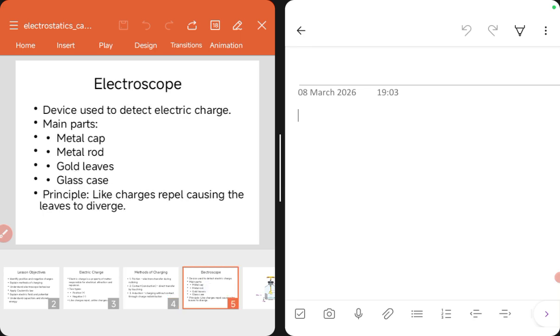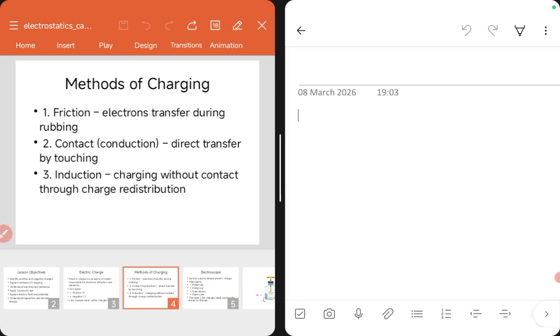Now let me give an example before I go to an electroscope. A charged body pushes or pulls electrons inside another object, causing a charge separation. Now this is an example of what? This is an example of charging by induction.